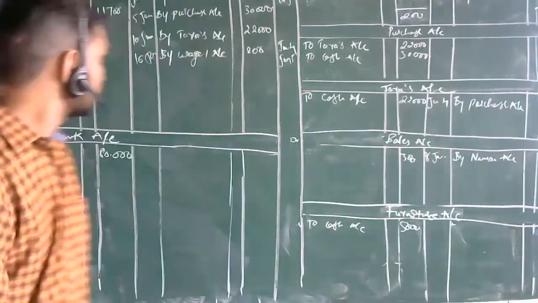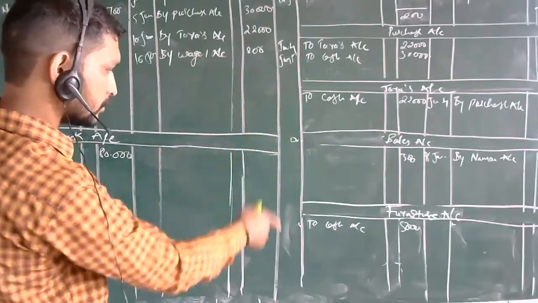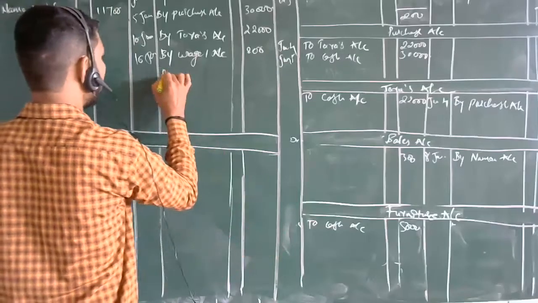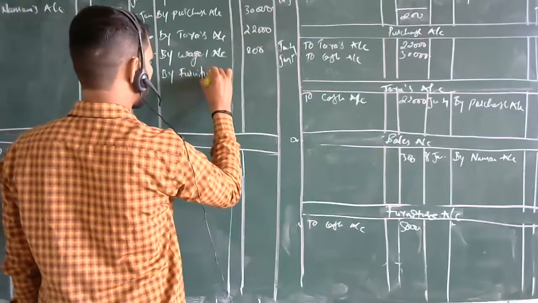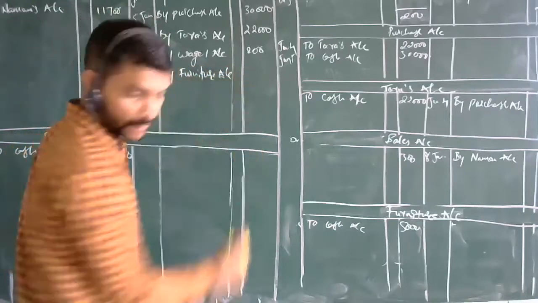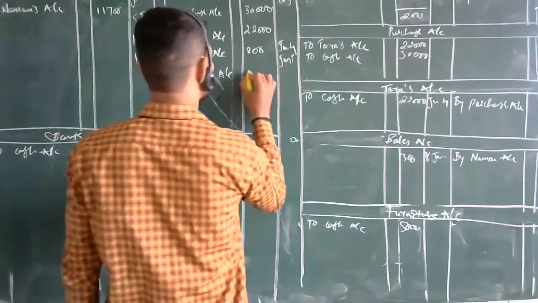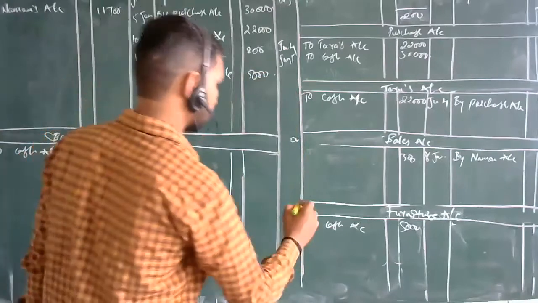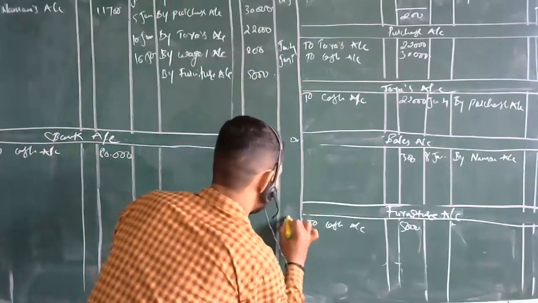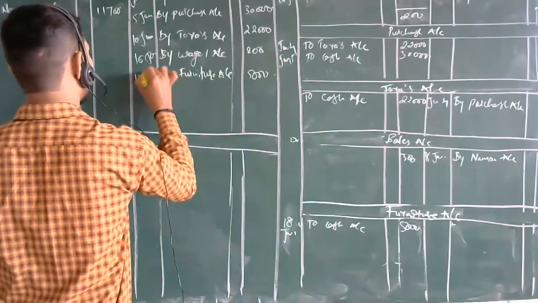And here, where we have taken cash account? So here by furniture account, how much? 5,000. What is the date for this? 18th. This is 18th Jan.